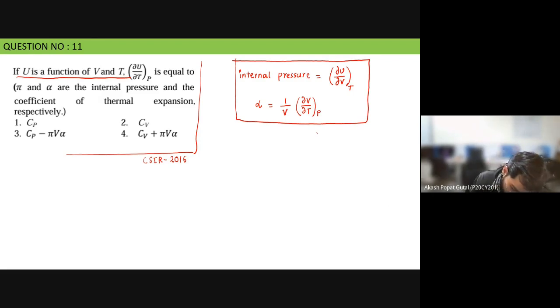So we'll write dU as a total differential: del U by del V at constant temperature dV plus del U by del T at constant volume dT.